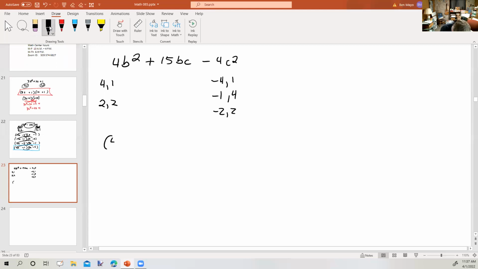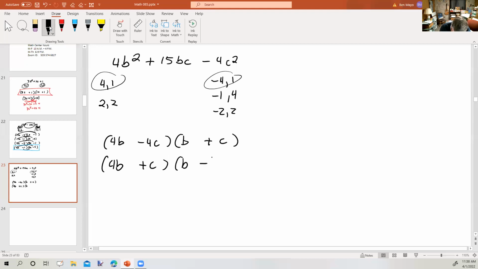We could have 4b and 1b and minus 4c and plus 1c. So that's putting this with this. But we could also have 4b and b and then plus c and minus 4c. That's also putting this with this, but I've switched these two numbers around. Okay.